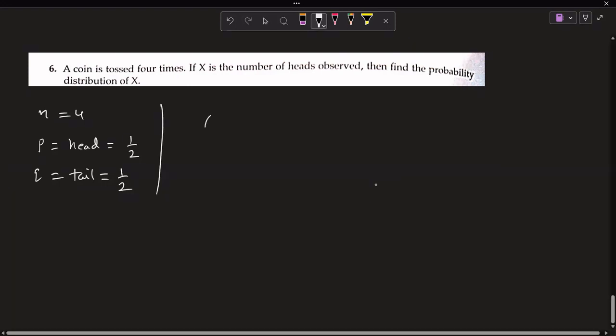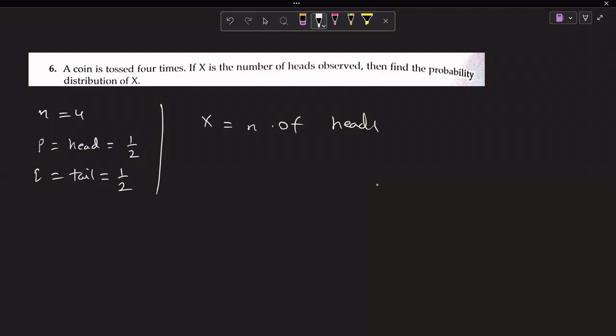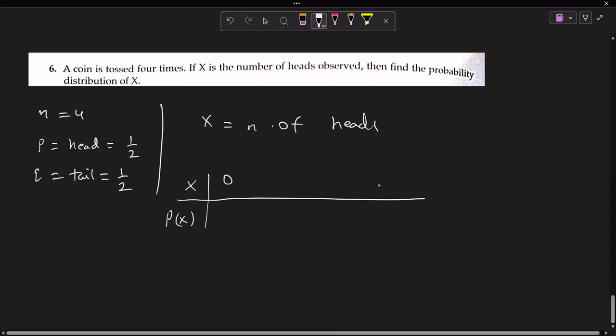Let X is equal to number of heads. The distribution is X and here P of X. So 0 heads out of 4 times. Out of 4 times, select 0 times to get 0 heads.